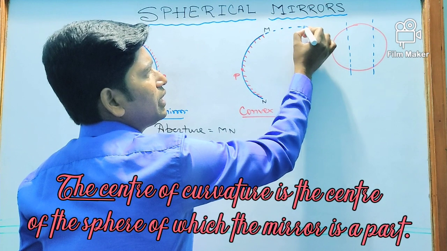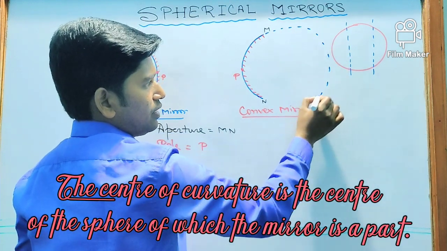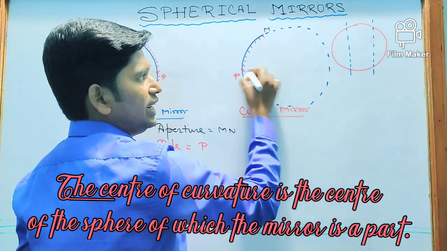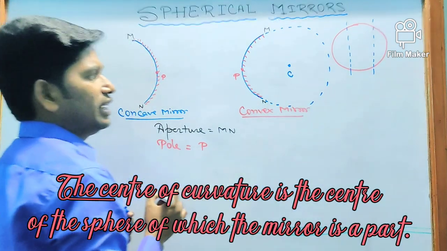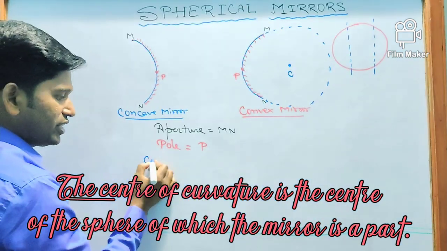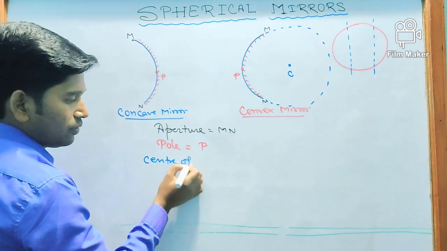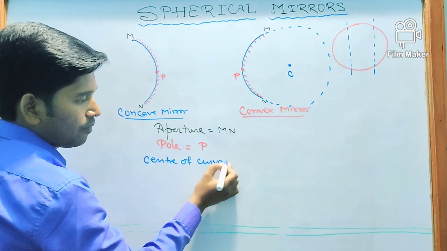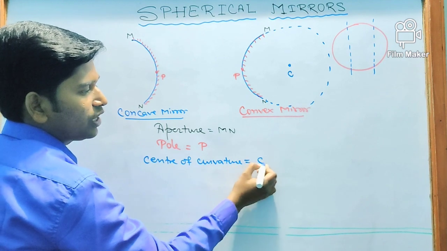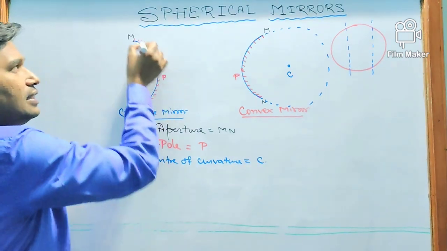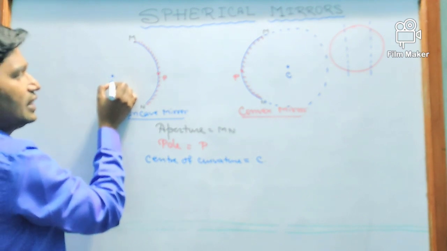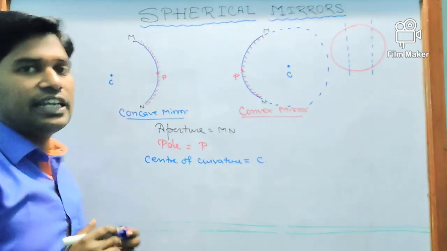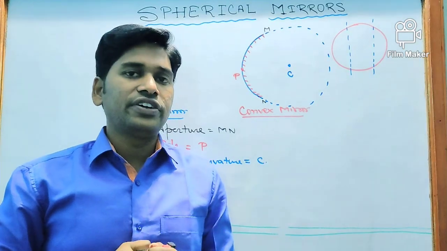So the center we will get on this side, and this center C is known as the center of curvature. It is denoted by C. In this also, if we complete the sphere, we will get the center on this side. So C is the center of curvature.